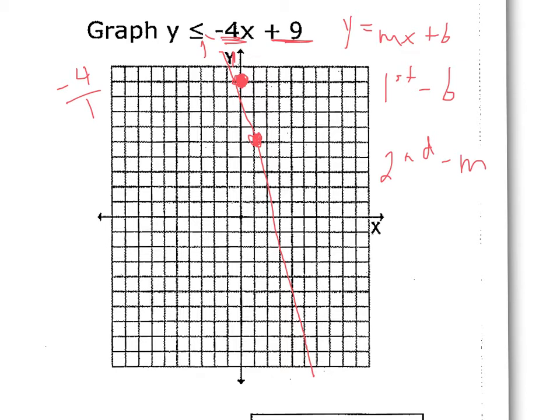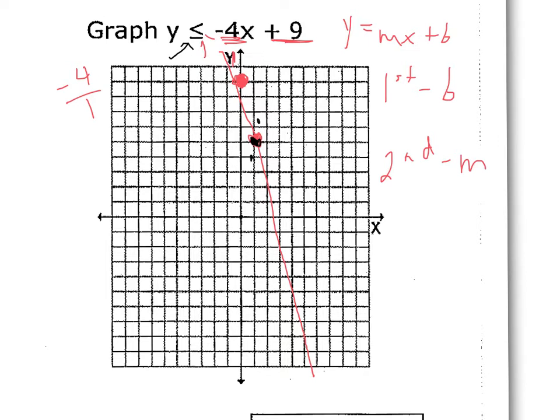Now the last thing that we need to do is decide which way we need to shade. Well, it says that we need all the y values to be less than that line. Which way is less than? A way you could think about it is go to one of your points, and from that go up 1 point and go down 1 point.